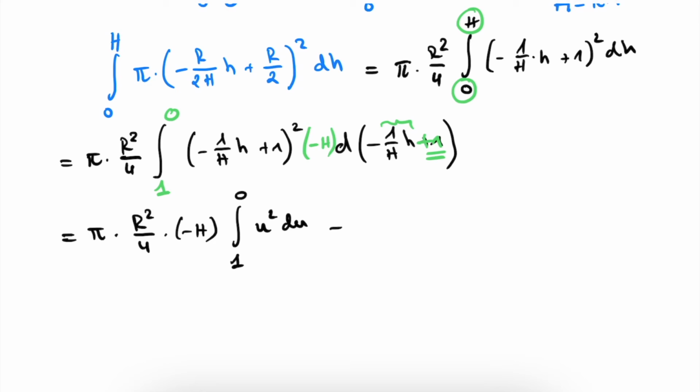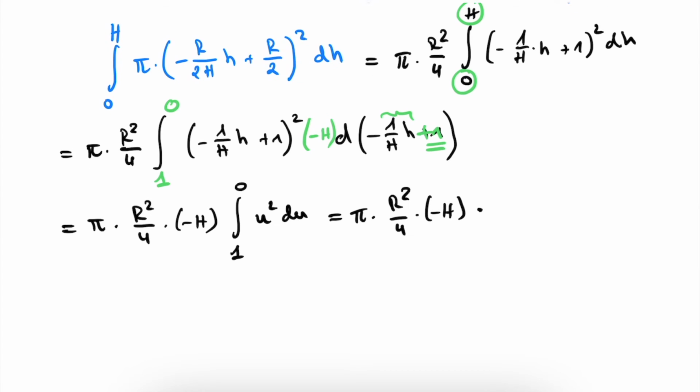And this can very easily be calculated as being pi times R squared divided by 4 times minus capital H multiplied by 1 over 3 times minus 1. And this simply becomes pi times R squared over 4 multiplied by capital H times 1 over 3.